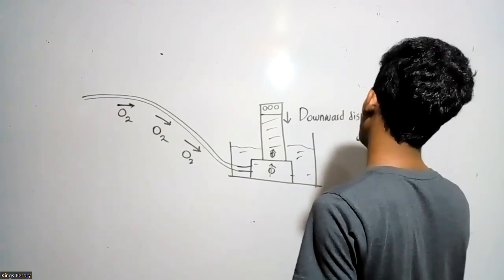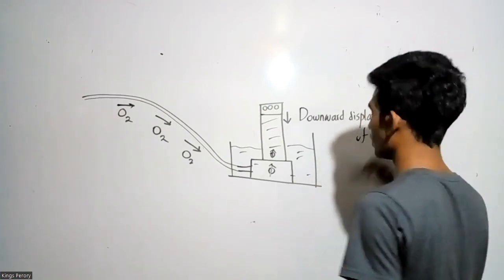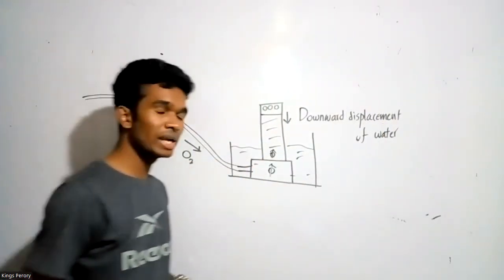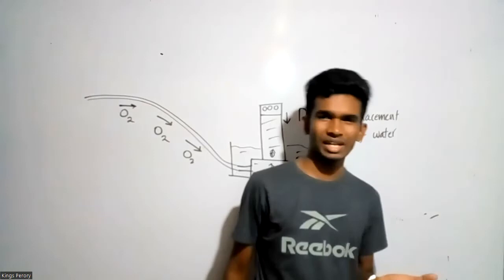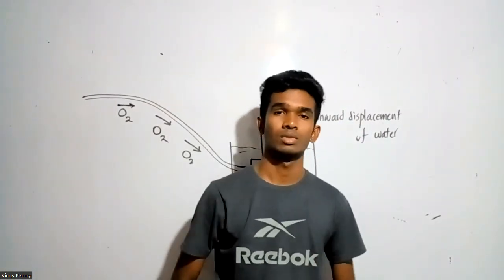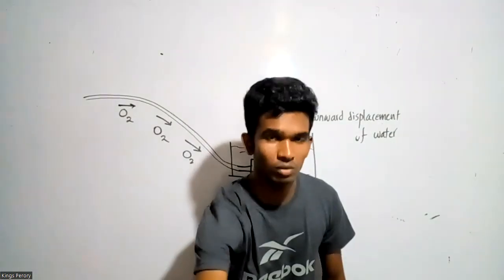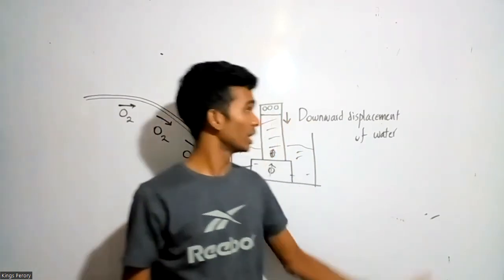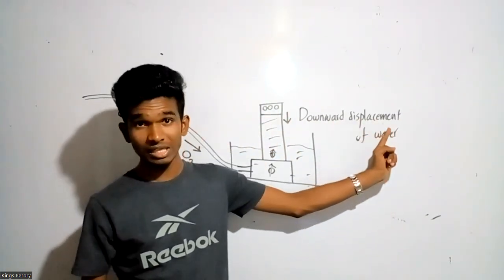I didn't give marks to those who wrote only downward displacement, because downward displacement means something is getting displaced down. For example, a marker displaced down, a paper displaced down. You need to correctly mention what is getting displaced down: water.